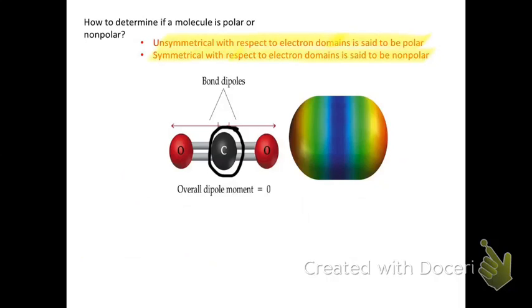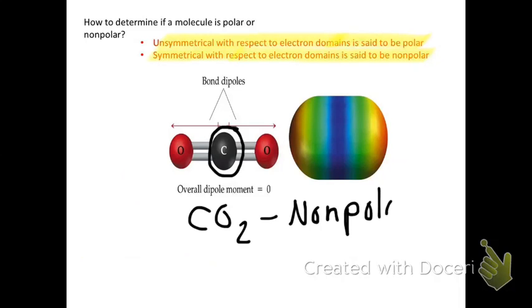So therefore, it is going to be nonpolar. So carbon dioxide is considered a nonpolar molecule. And since it's nonpolar, it will not have a partial negative or a partial positive region within the molecule.